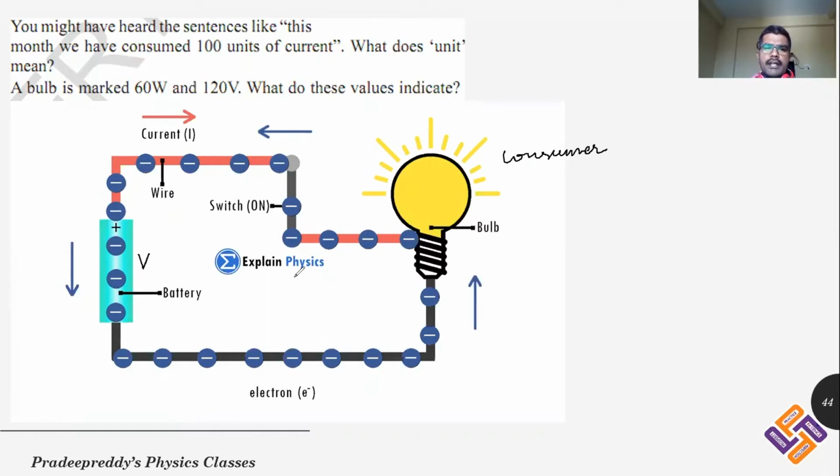When you connect a consumer with a source using connecting wires, and you switch on the tap key, electric charge flows through these conductors. This charge flow is due to work done by the battery.